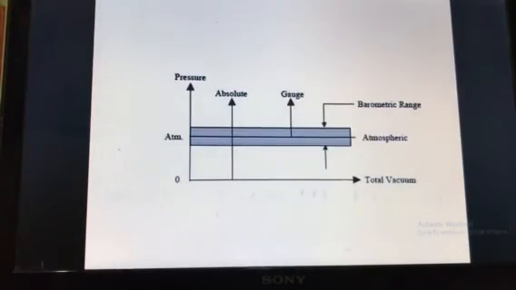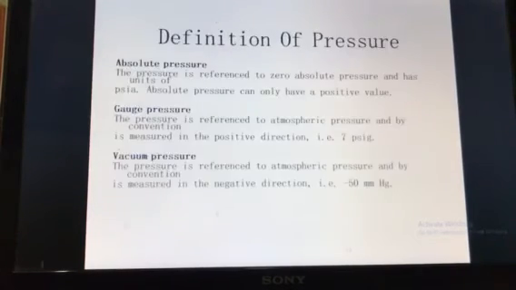Now we will see the definitions. Actually, we have studied about absolute pressure. This is referred to zero or absolute pressure. Gauge pressure is the difference between the absolute and atmospheric pressure. Vacuum is the difference between the atmospheric and absolute pressure.